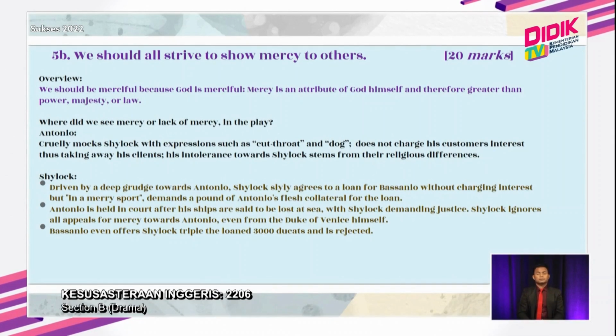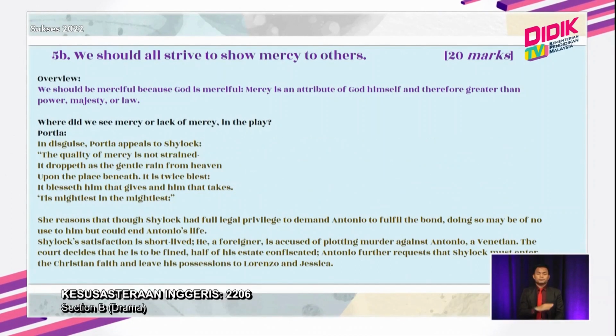It does not happen to Antonio because of Shylock's grand plan for revenge. And also, finally, you have Portia's trick. And what she does in the court of law is to trap Shylock with the idea of mercy.